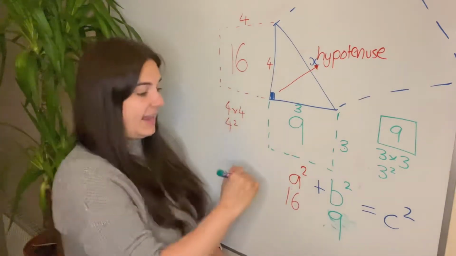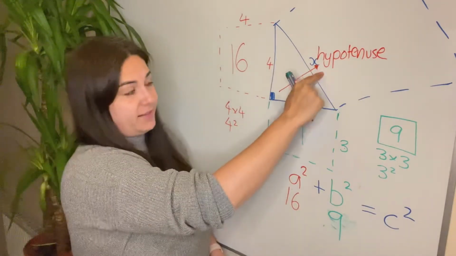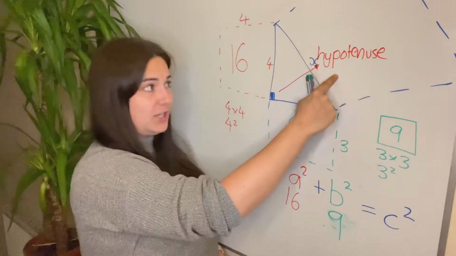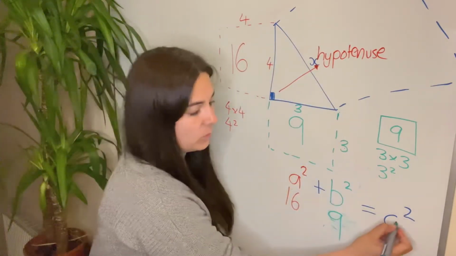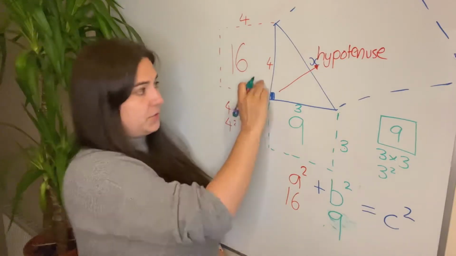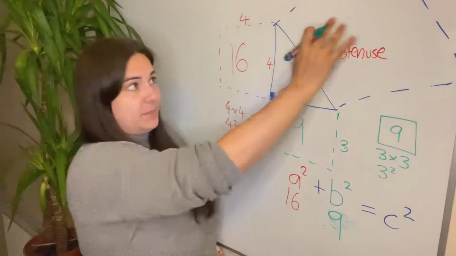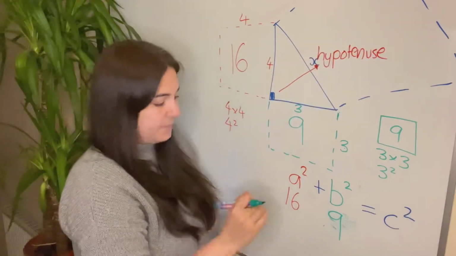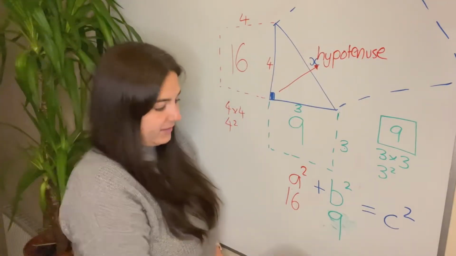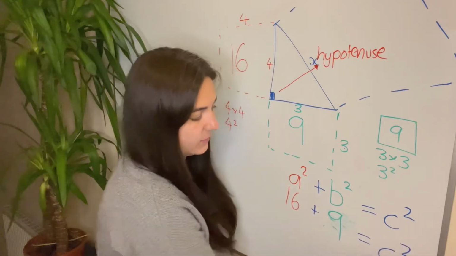All that matters is that a and b are your 2 shorter sides, and that's why we have to identify the hypotenuse, because the hypotenuse, the longest side, is always going to be your c in the formula. So the 2 shorter sides, a and b, their squares are going to add up to make the square of c. So here we've got 16 plus 9, and we know that gives us c squared.